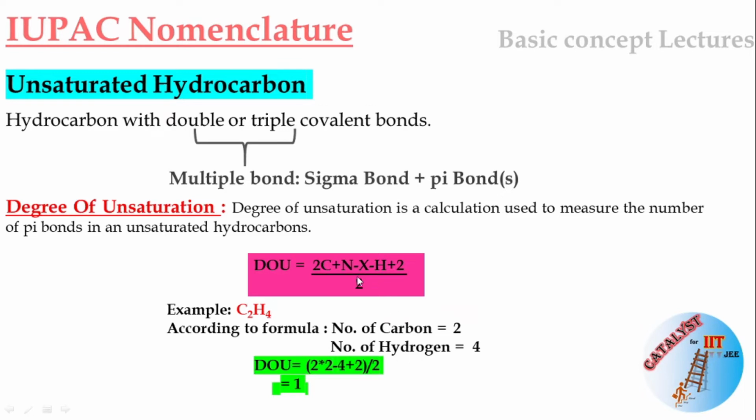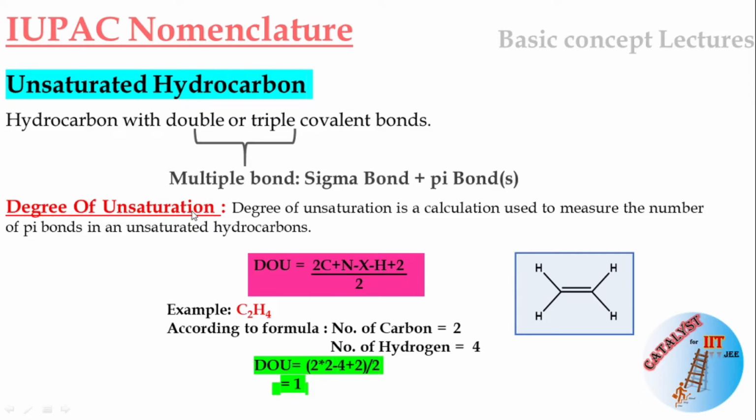If you put all these values in the formula, you will find that the degree of unsaturation is equal to 1. It means that both the carbons in this formula are connected by a sigma bond as well as a pi bond. So the number of pi bonds is equal to 1, and this is the structure for this molecular formula.